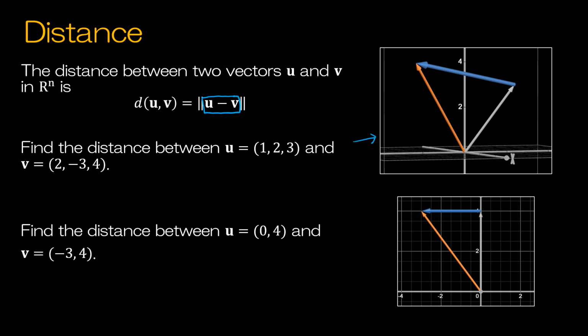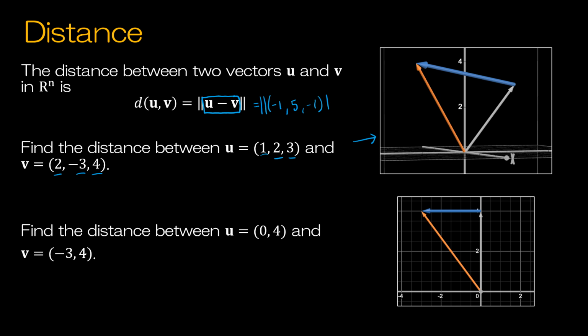But what I'm saying is there's 2 ways to go about this. One way is to first find what is u minus v. So in this case, u minus v would be 1 minus 2, which is -1, 2 minus -3, which is +5, and then 3 minus 4, which is -1.